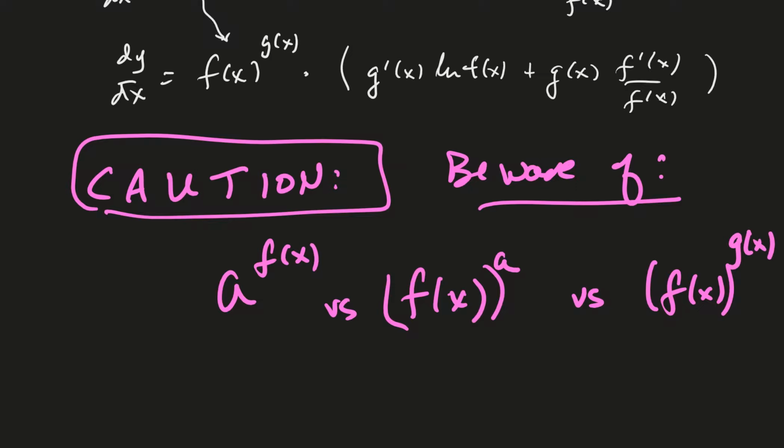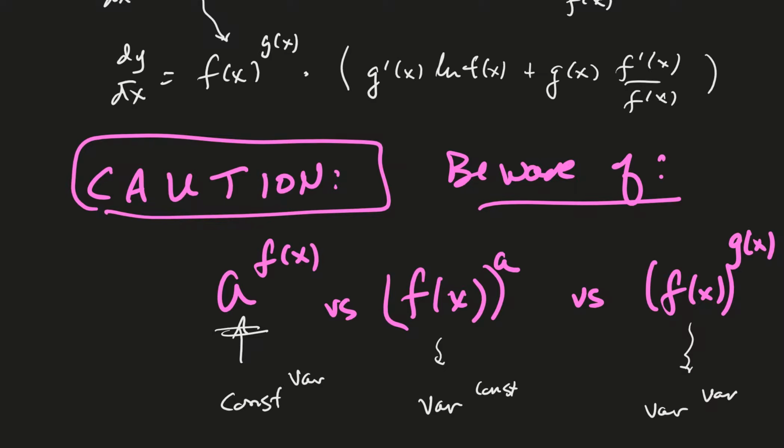So in this case, the base is constant. You have a constant raised to a variable power. Here you have a variable raised to a constant, but here you have a variable raised to a variable power.